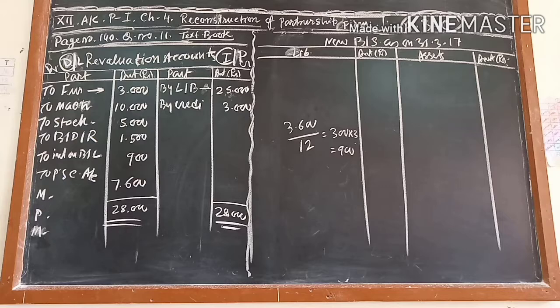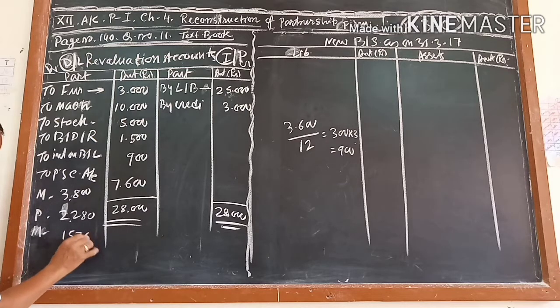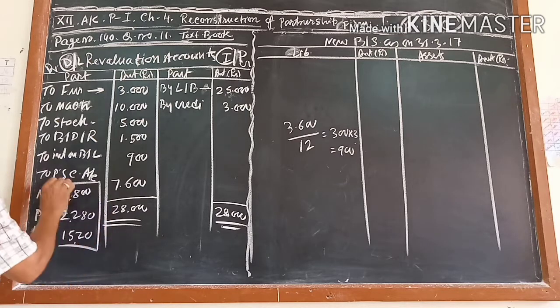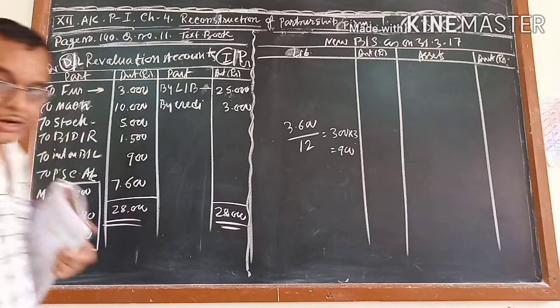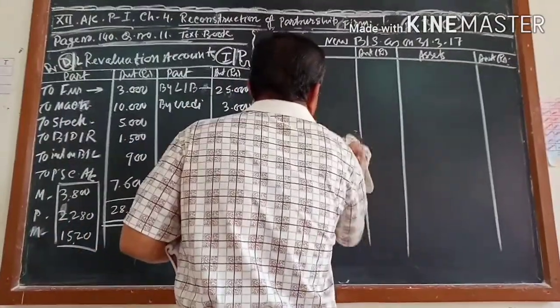So you will get 3,800, 2,280 and 1,520. These three amounts you will add with the partners' current account. This is your revaluation account.